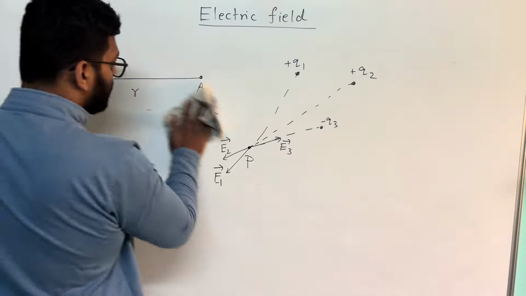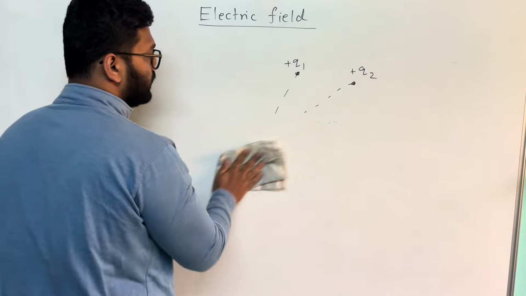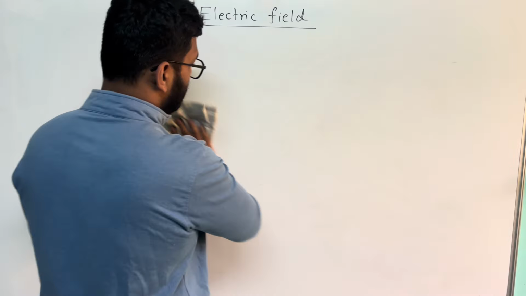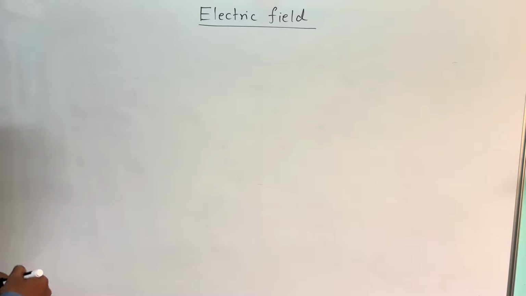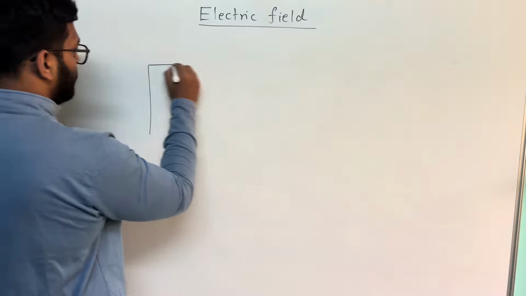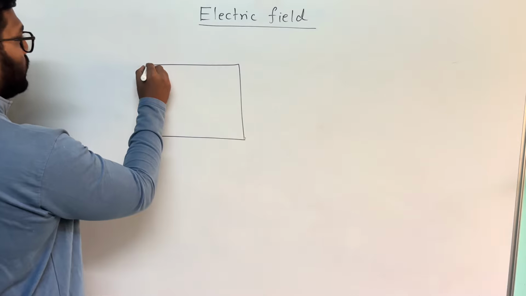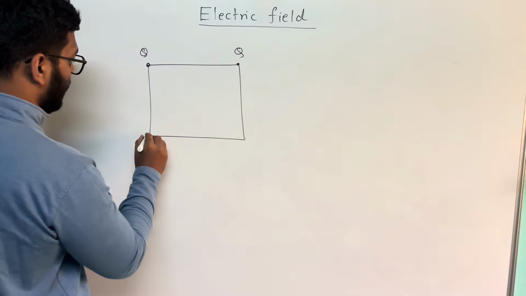Let's look at the first problem. Suppose I have a square, and on the vertices of the square I have charges q, q and q.